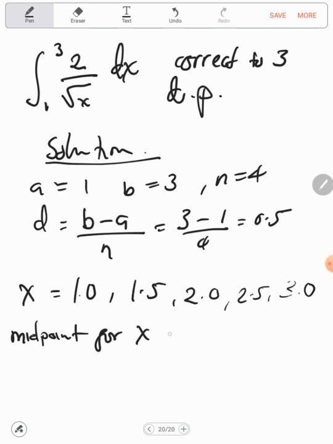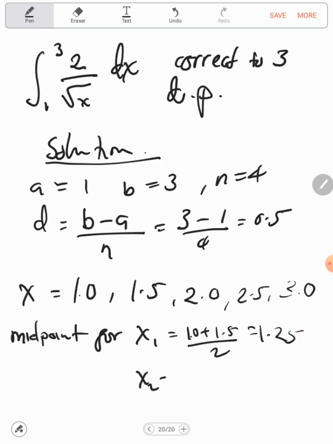For x, between 1 and 1.5, what is the midpoint? So x1 will be 1.0 plus 1.5 over 2, which is 1.25.